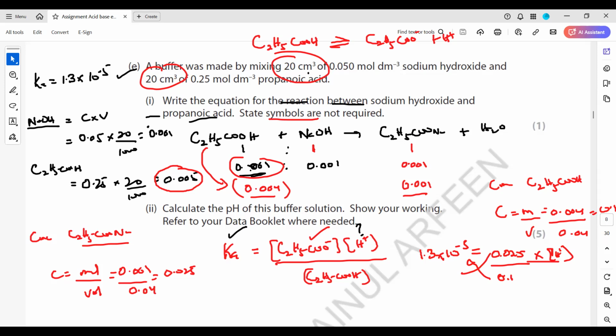Like 0.1 will be multiplied and 0.025 will be divided. That will give us a concentration of hydrogen ion. And after finding the concentration of hydrogen ion, we'll find the pH by using a formula. pH is equals to negative log of hydrogen ion concentration. Is it clear, the structure of the question?